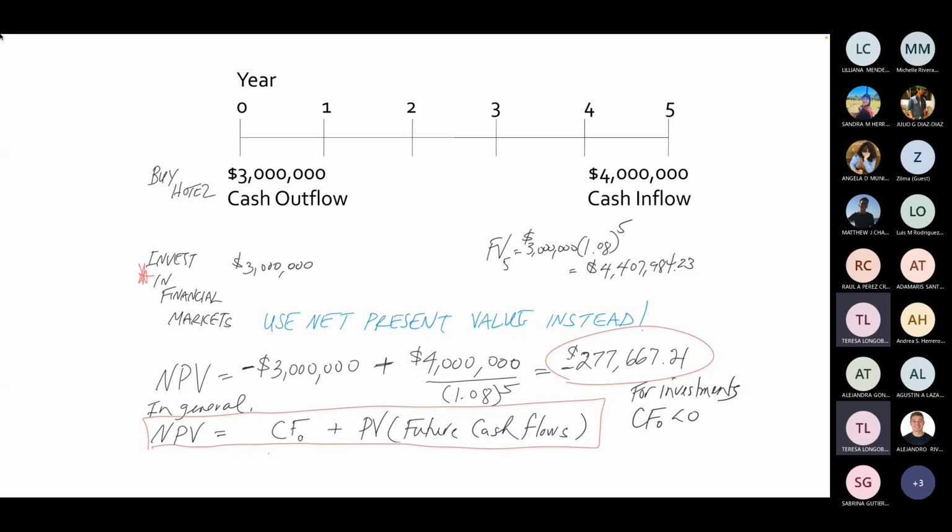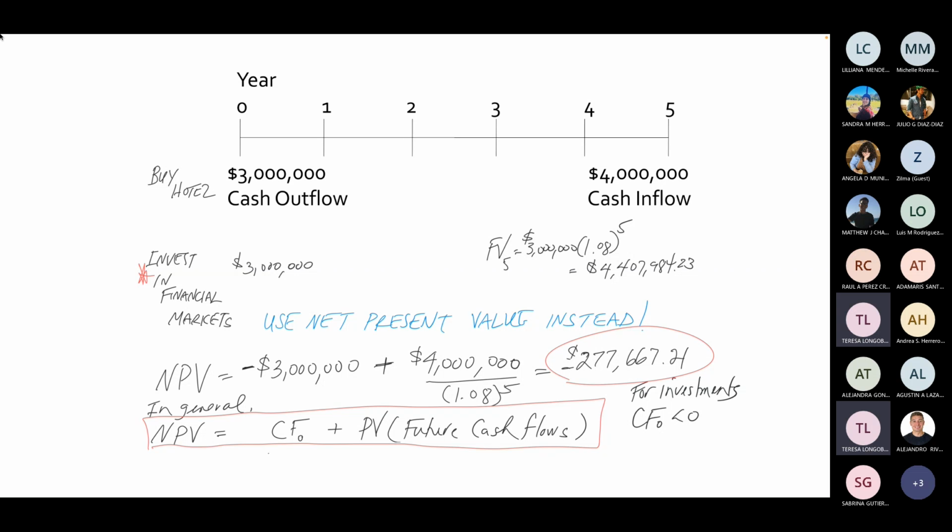So the NPV is a convention. We calculate NPV, and in so doing, we're bringing the comparison of our investment against the opportunity cost, or the opportunity of financial markets at 8%. And this is telling us that it's not worth it.